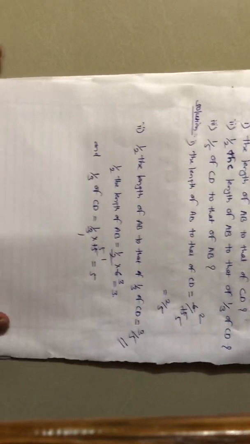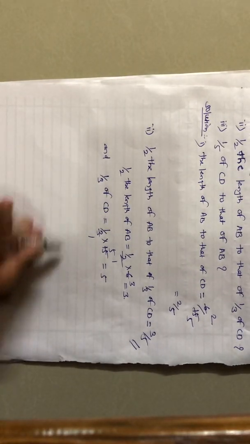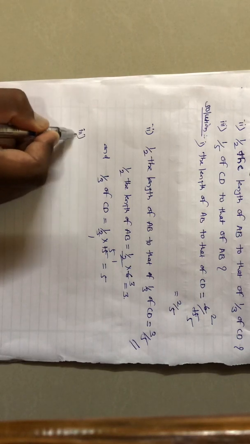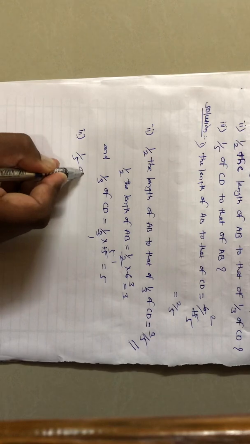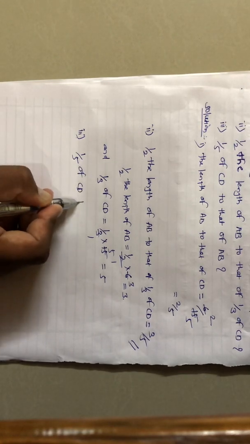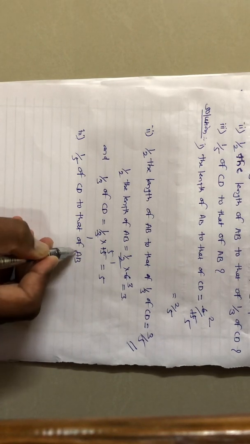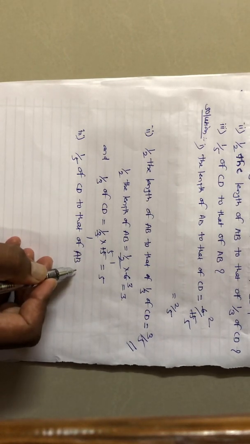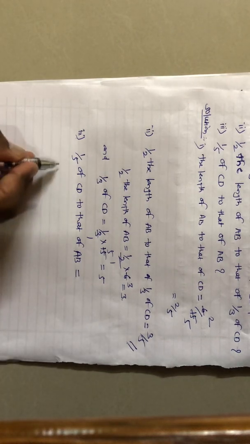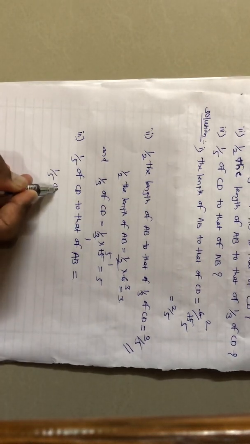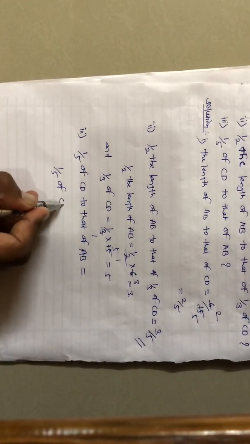Now we'll see third, 1 upon 5 of CD to that of AB is equal to. First I will find out 1 upon 5 of CD.